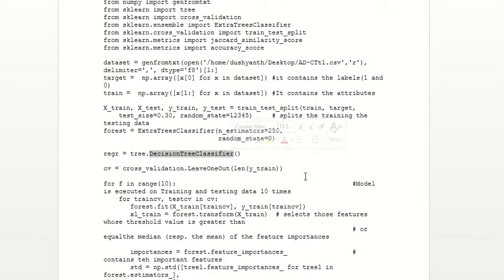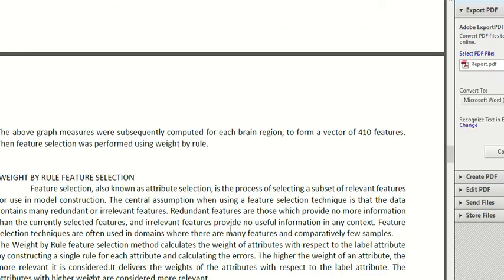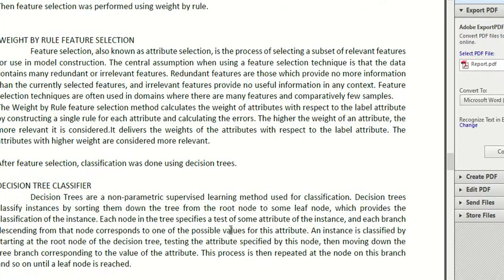What's a decision tree? A decision tree is one of the classification algorithms used in machine learning. It tries to classify a given sample where each node is represented as a feature and the leaf is represented as a label.